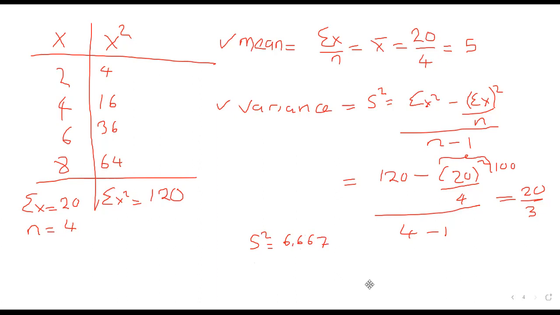Then to find our standard deviation, we square root the variance. So what is the square root of 6.67?